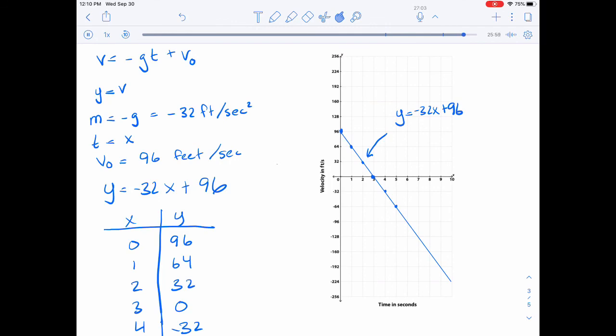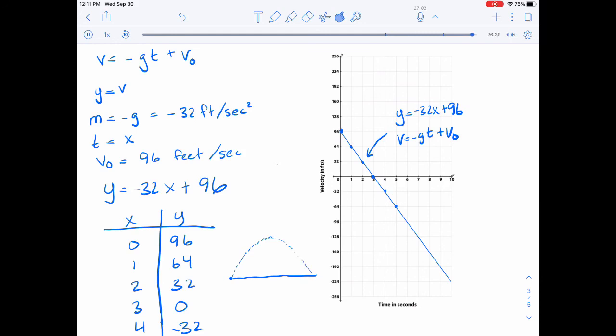If we want to use our original variables, we would have v is equal to a negative gt plus v0. Let's think about this. At time 0, let's make a little timeline here. The ball is traveling up. And at a certain point, the ball begins to come back down.